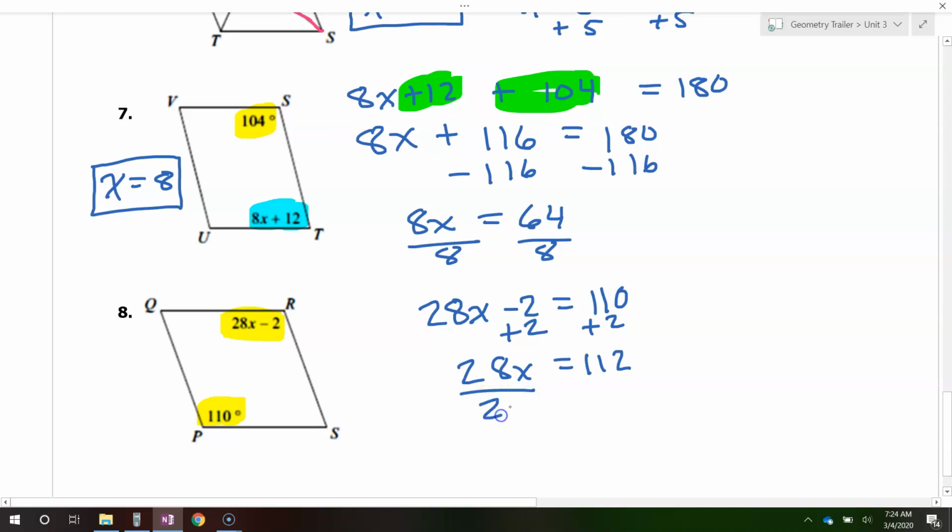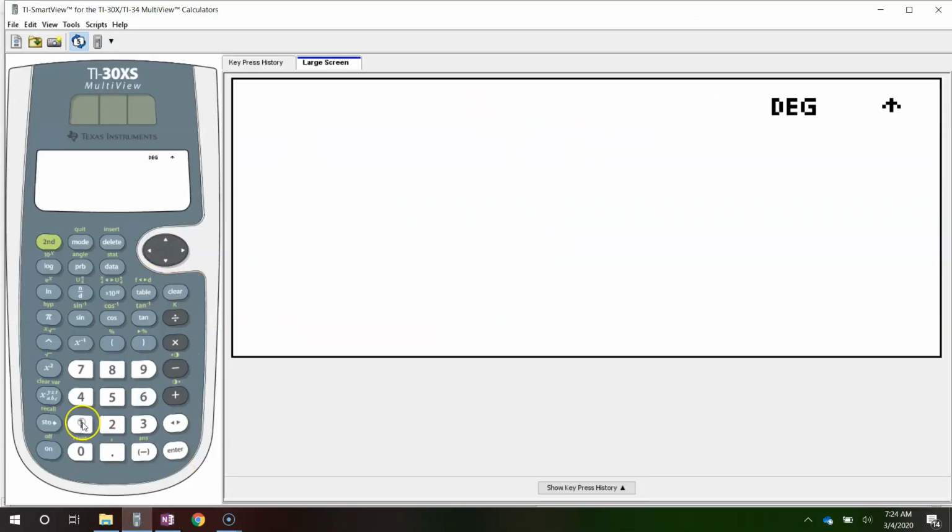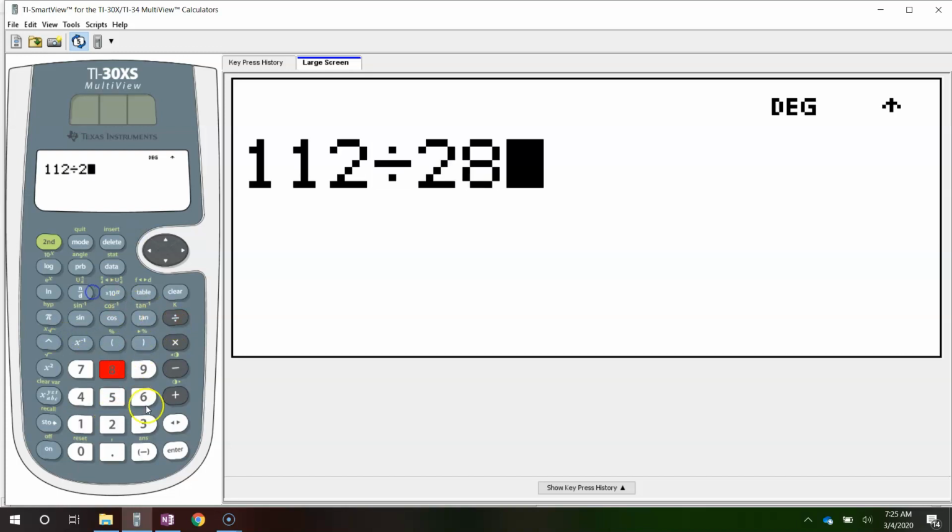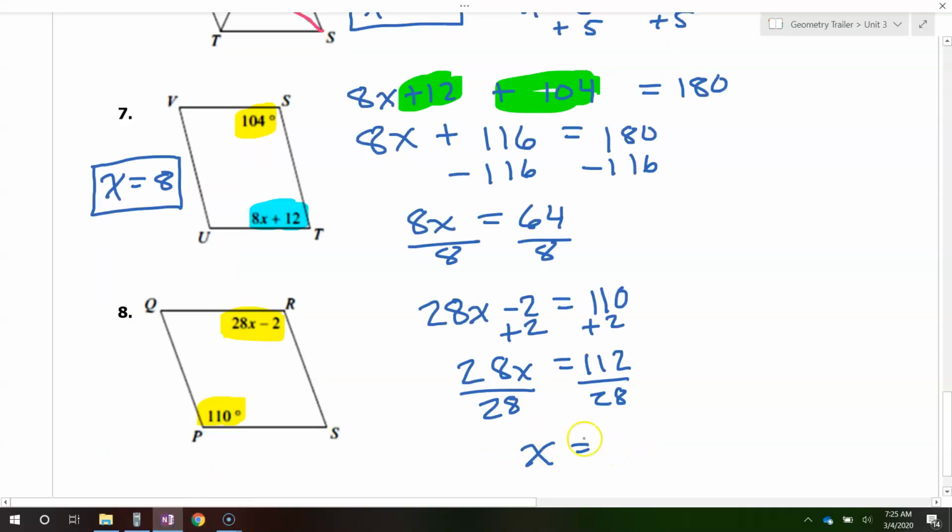And then I divide both sides by 28. Four. So that's how you use the properties of parallelograms to find unknown values.